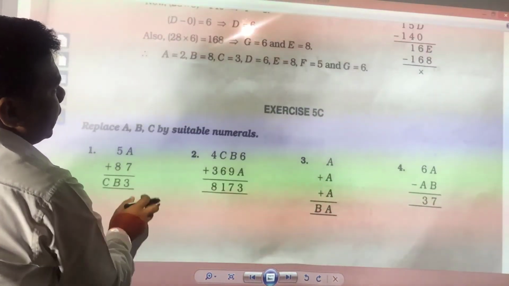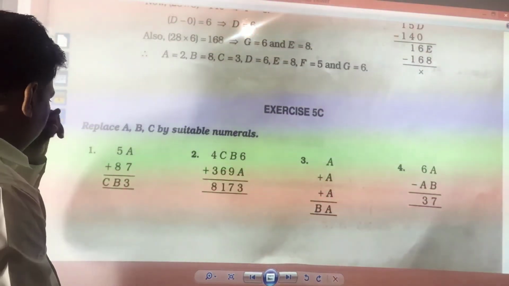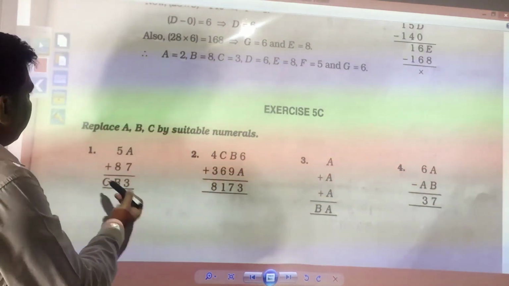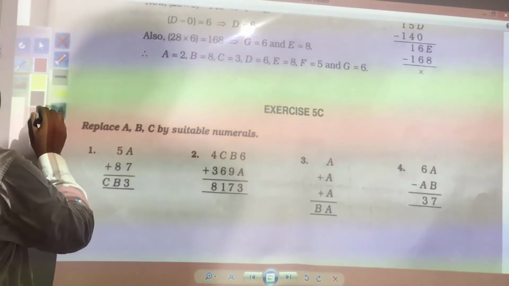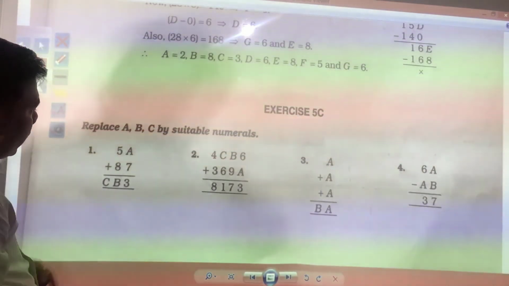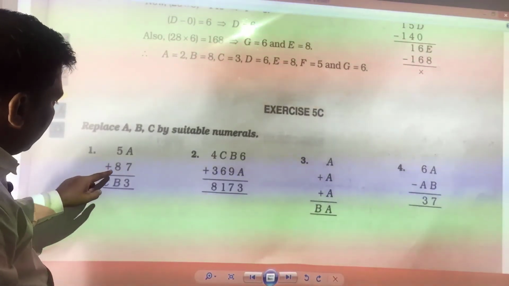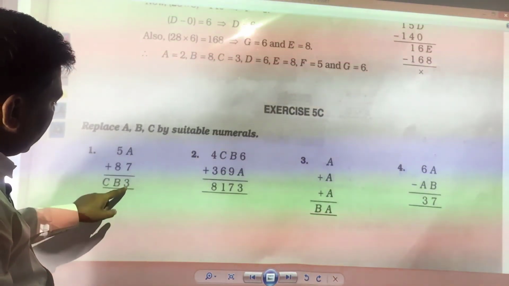Then you have exercise. So simple exercise, in exercise so simple questions are there. Here you see first question, what you will add to 7 so that you will get 3 over here.